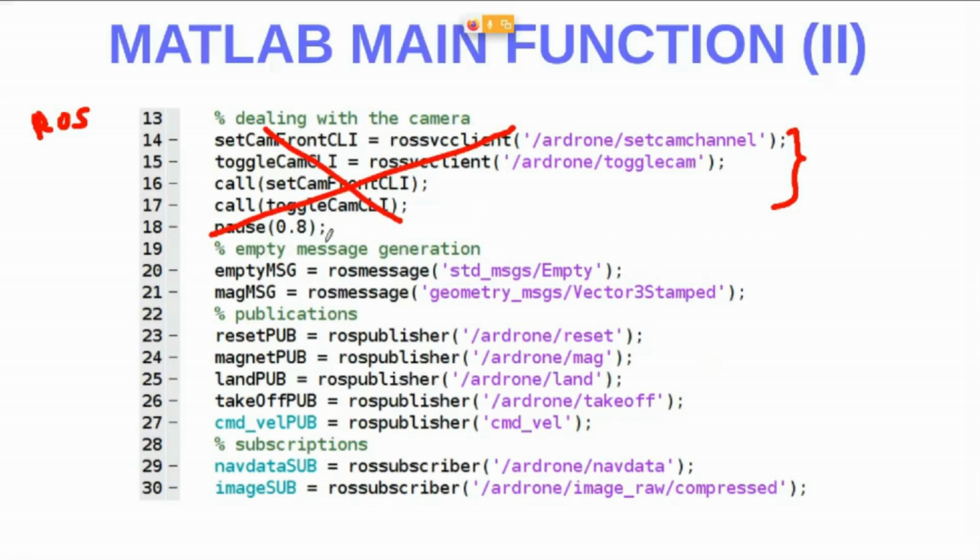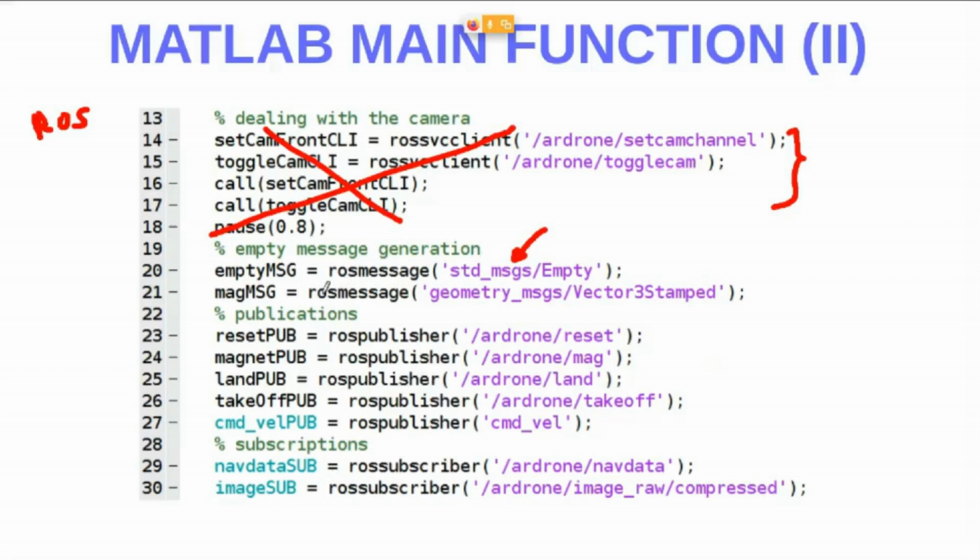Then, first of all, this is so interesting, because here I have the empty message generation. This message in the ROS environment is in order to give, for the standard messages, an empty message that will be used later on in order to make the aircraft take off or land, you will see, or to, for example, reset the drone if something weird happens.